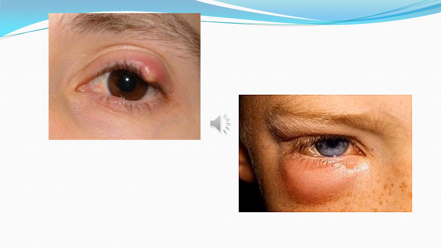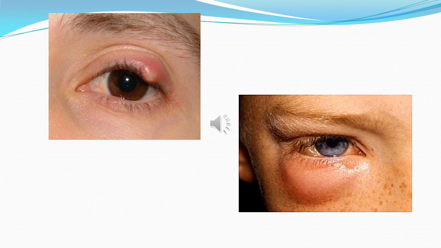If it is left untreated, you can see the external chalazion has got infected and is presenting as a painful suppurative mass in the lid. And this, if left untreated, can also go on to cellulitis of the lid.